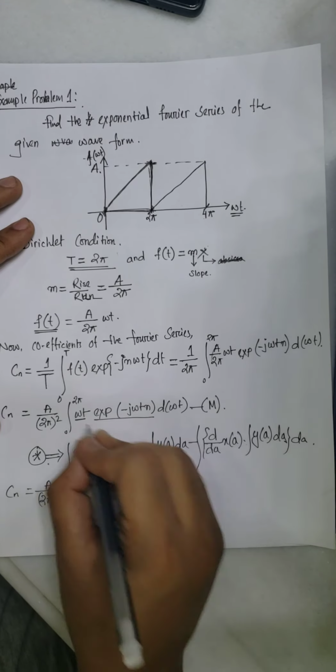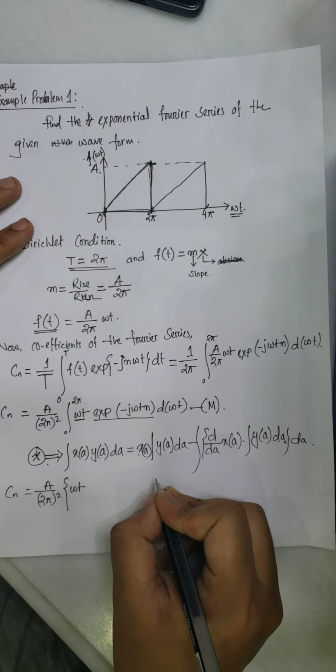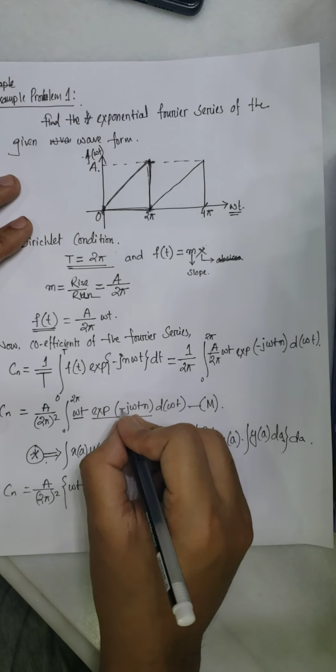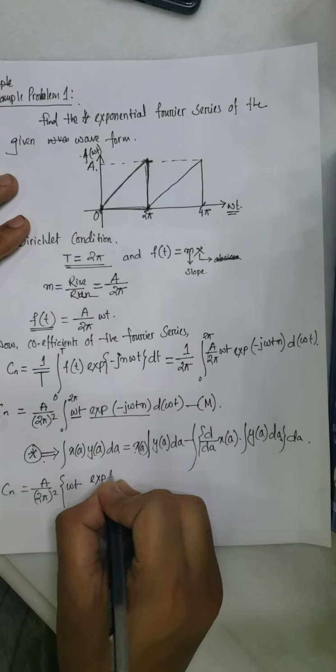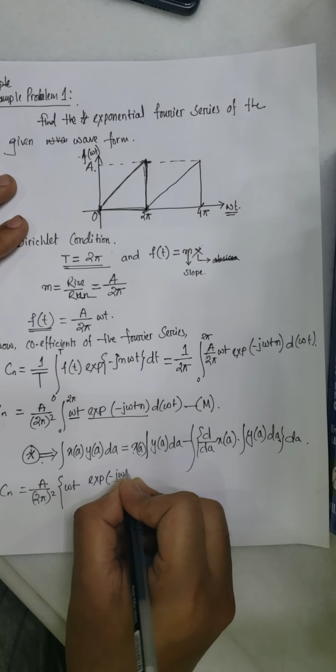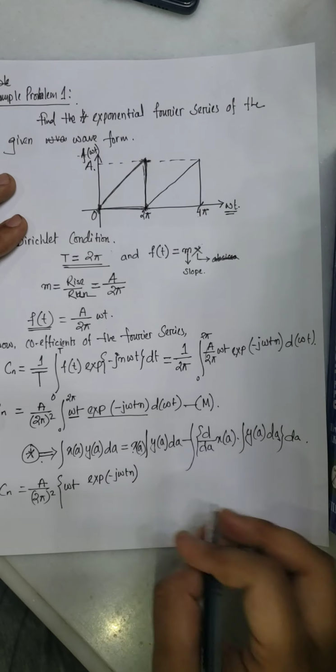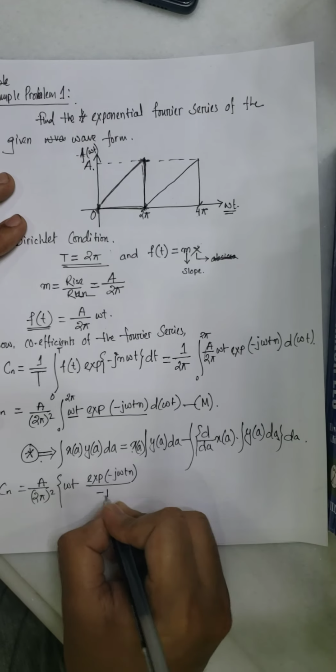Here x of a is omega t, and integrating e to the power minus j omega t n will yield us e to the power minus j omega t n over minus jn.